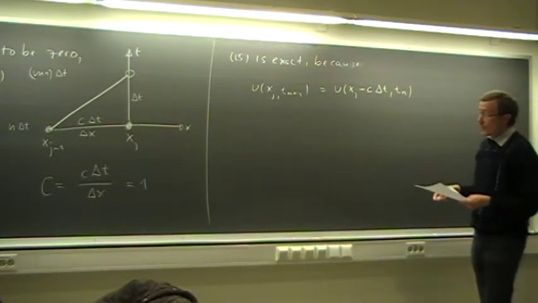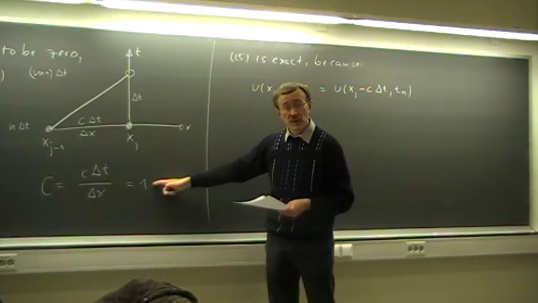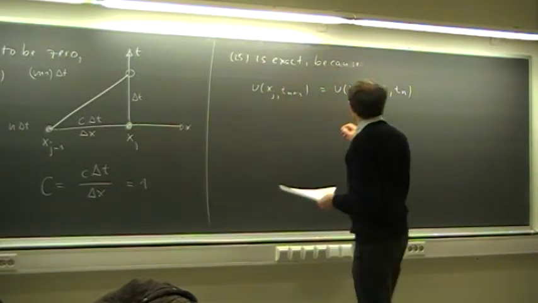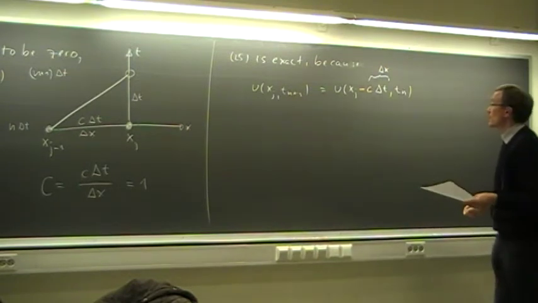And in this particular case, when the Courant number is 1, this distance the solution has traveled in the time delta t is delta x. So that means this is delta x in this case for c equal 1.